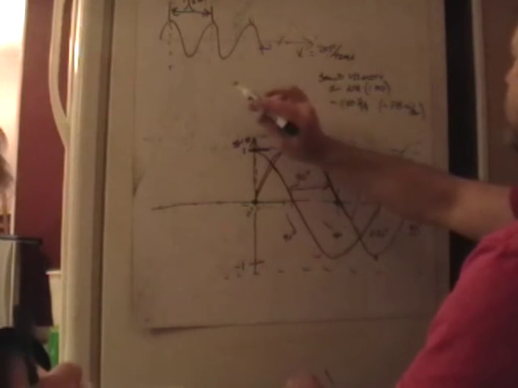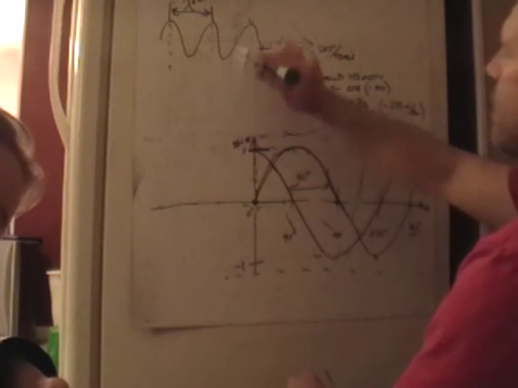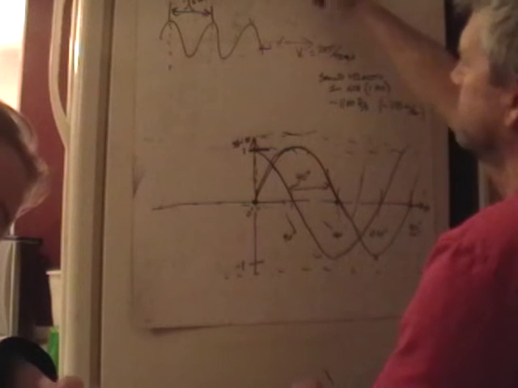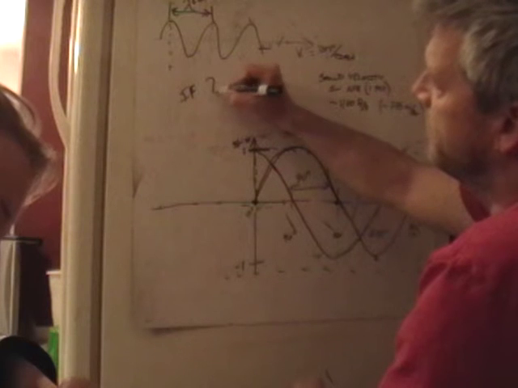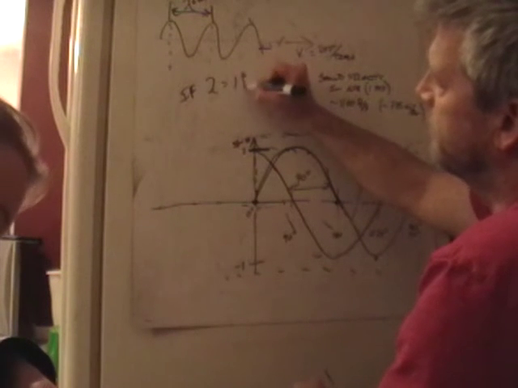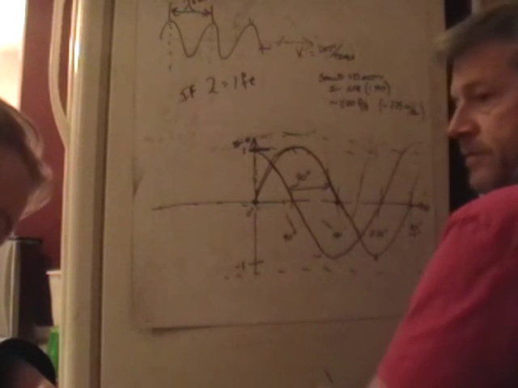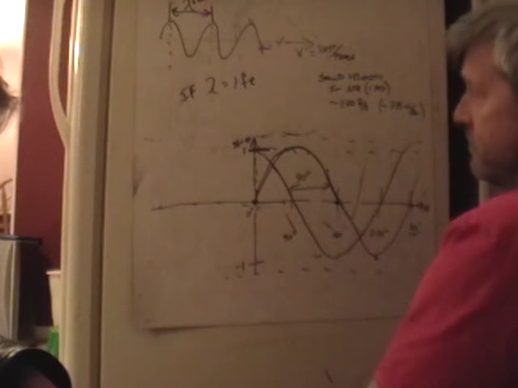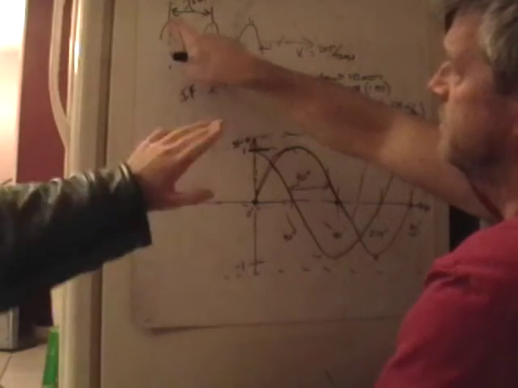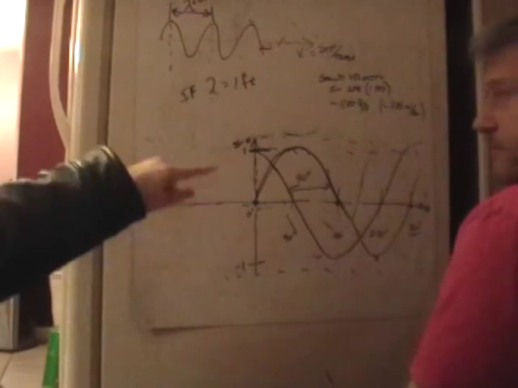So if my wavelength, if lambda equals 1 foot, so if the top of the peak to the top of the peak is 1 foot, what's the STP?